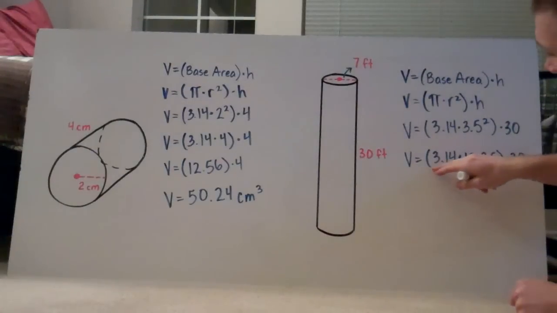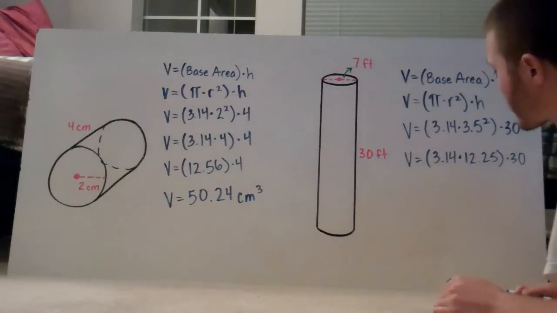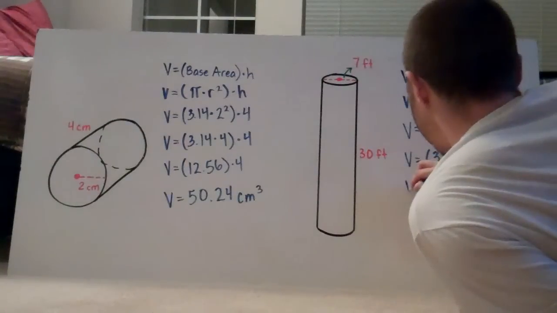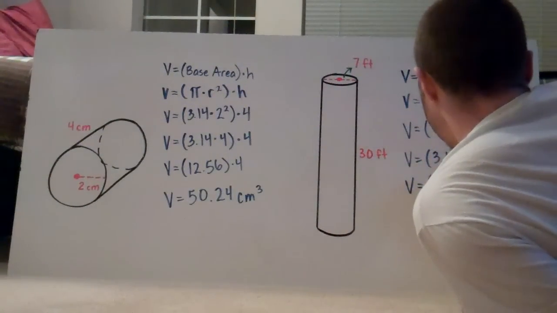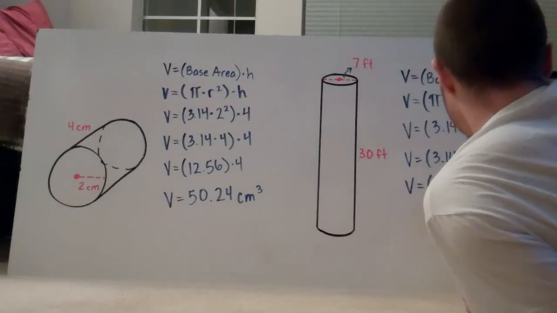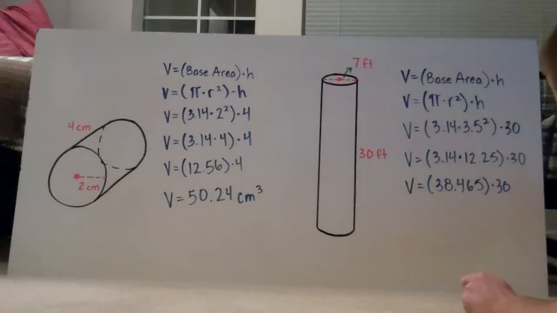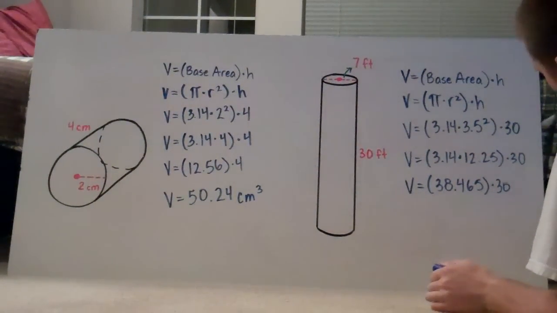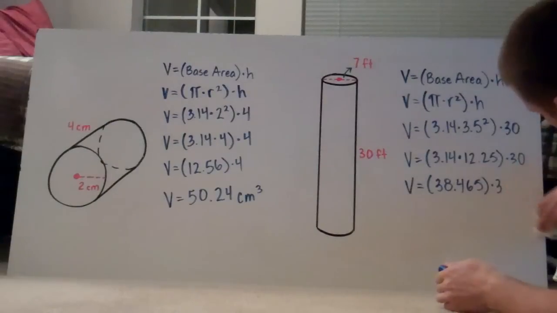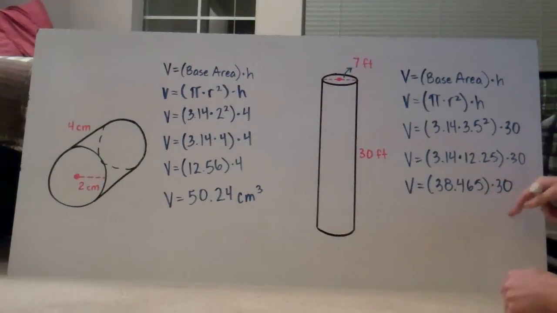Now, we have to multiply 3.14 and 12.25. When we do that, we get 38.465. Now I have to multiply 38.465 times 30.